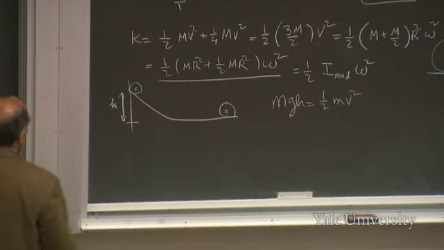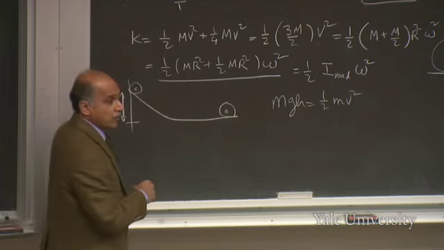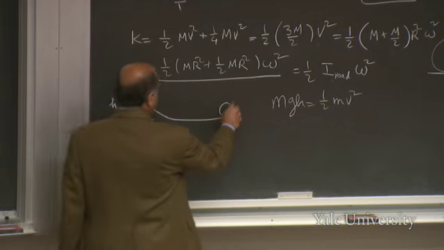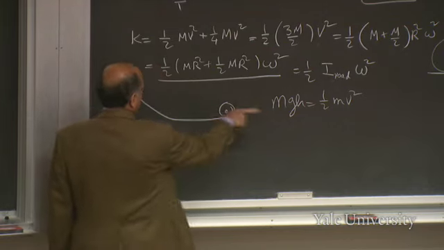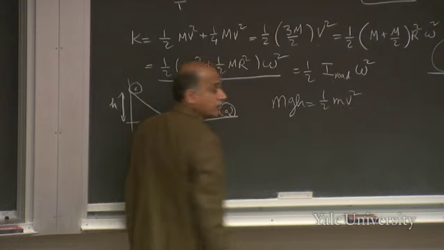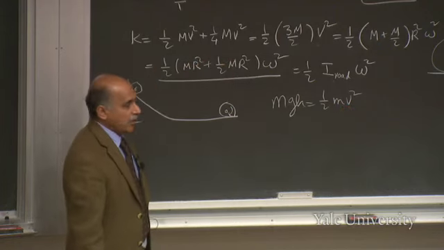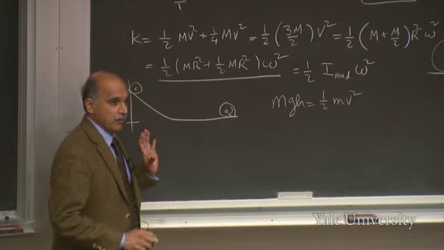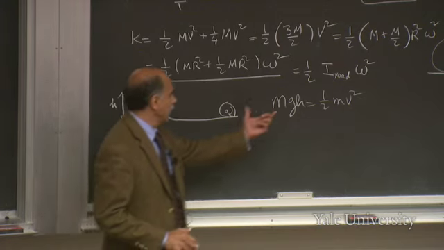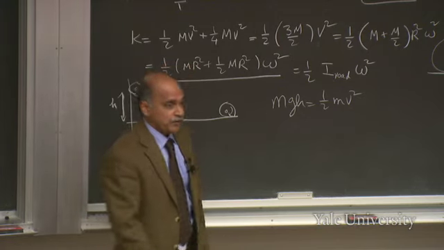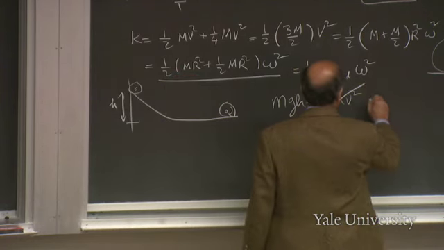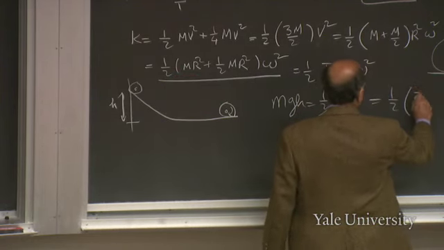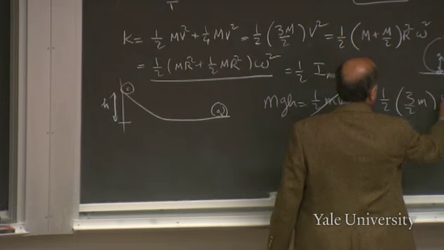But if it is a cylinder rolling without slipping, and it comes here, the center of mass cannot move at this speed, because it's got to be a lower speed so that the rotational energy plus translational energy will add up to mgh. So this must be equal to the total kinetic energy, and I've solved it for you guys. You remember that. You have to write 3/2 m v squared.